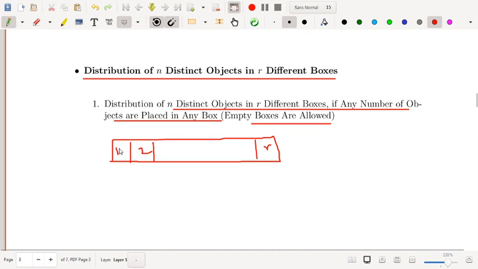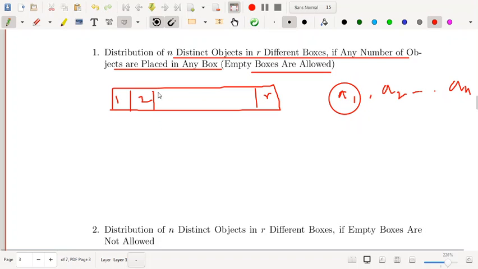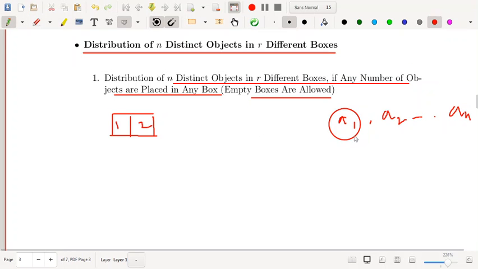Each object has possibilities. Suppose there are n objects, a1, a2, up to an. Let me explain for only two boxes first, as it will be easier to understand. Suppose n distinct objects and two different boxes. For each object there are two possibilities, either box 1 or box 2.